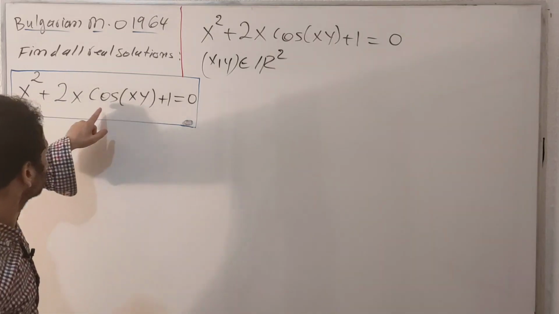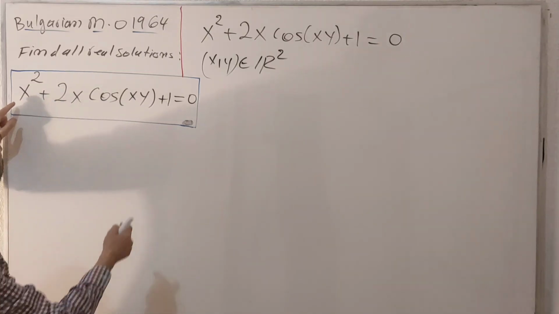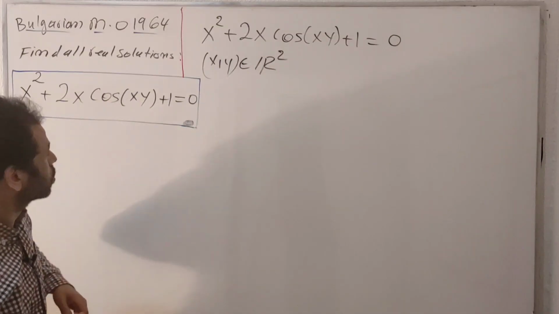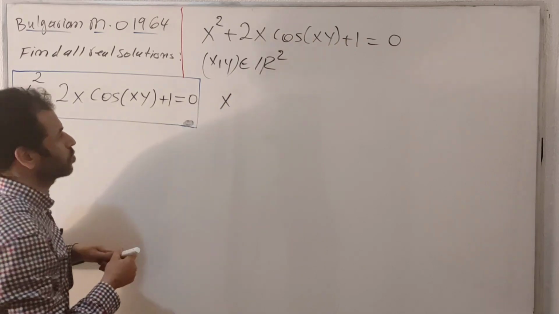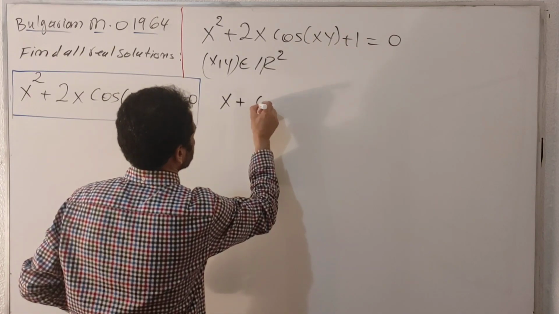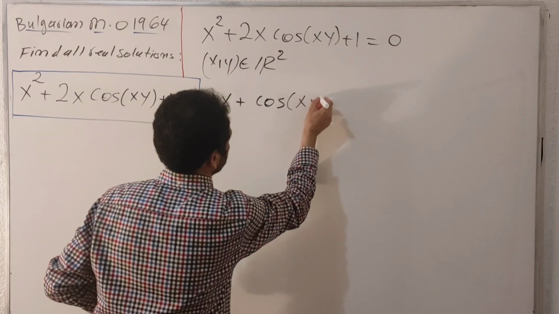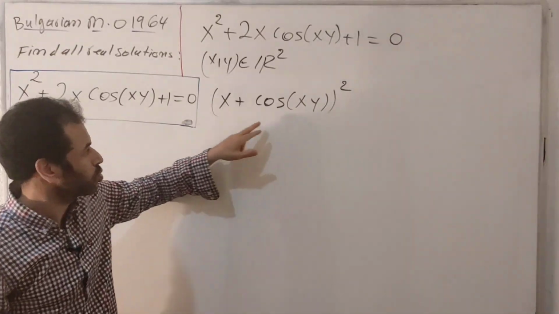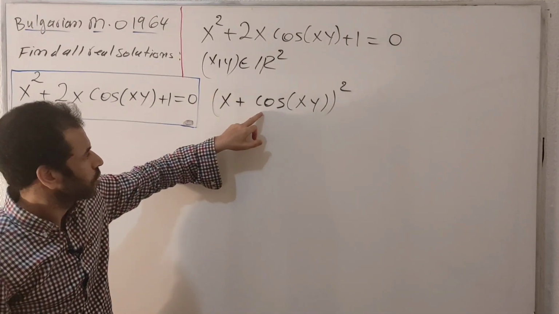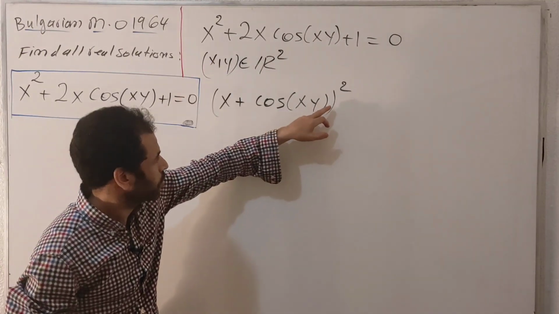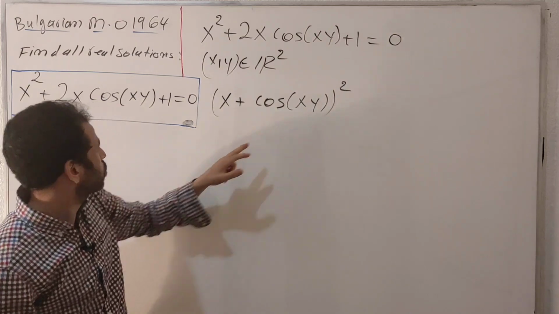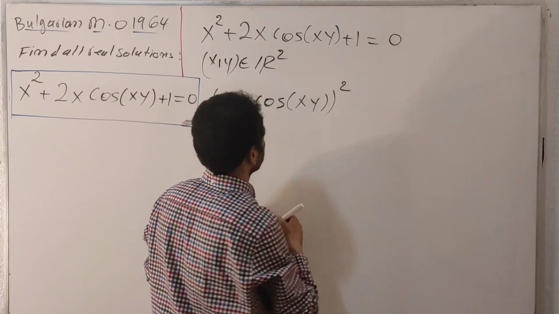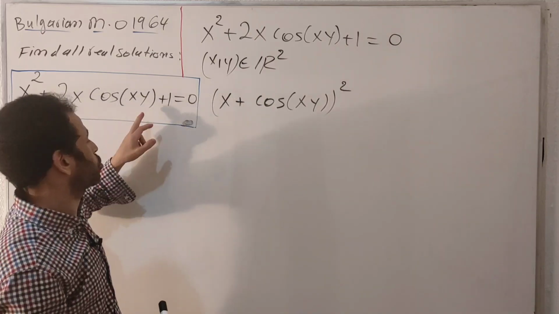Now the trick that I'm going to use here: if you take a look carefully, this expression can be written in the form of a quadratic binomial. I can transfer this into the form x plus cosine xy, quantity squared. If I distribute this, it gives me x squared here, which is good, and plus 2 times x cosine xy, which is good also, plus cosine square of xy, which we don't have here.